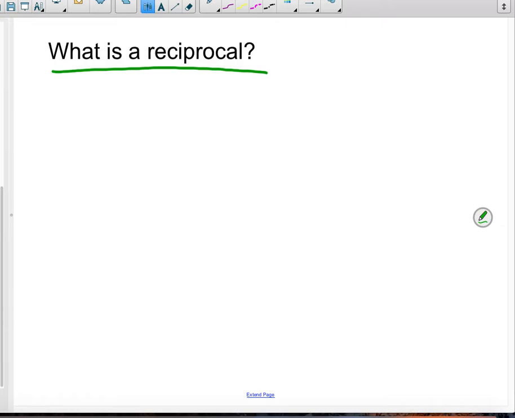A reciprocal just simply means that when you multiply two amounts, you get a value of 1. So if I were to give you 2/3, you would write this down in your notebook, 2/3 would have a reciprocal that you can multiply it by in order to get a value of 1.